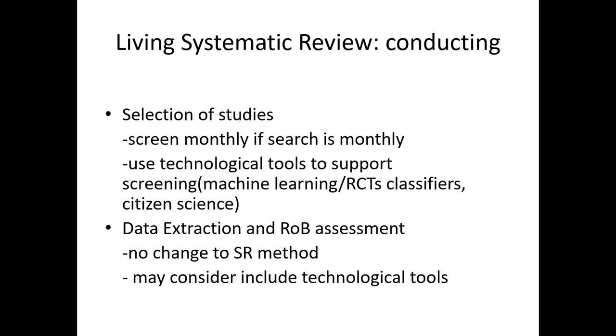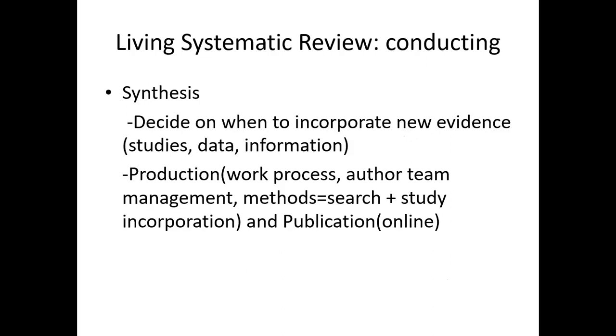Continue. Synthesis: you have to synthesize your data, you have planned to publish your data, and publication should be done online. For a living systematic review, you publish your update online. Continue.